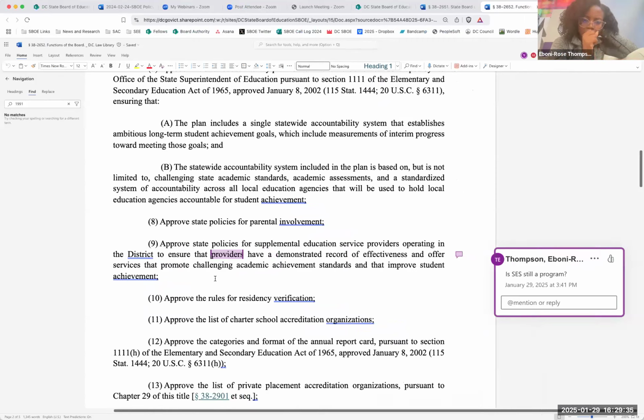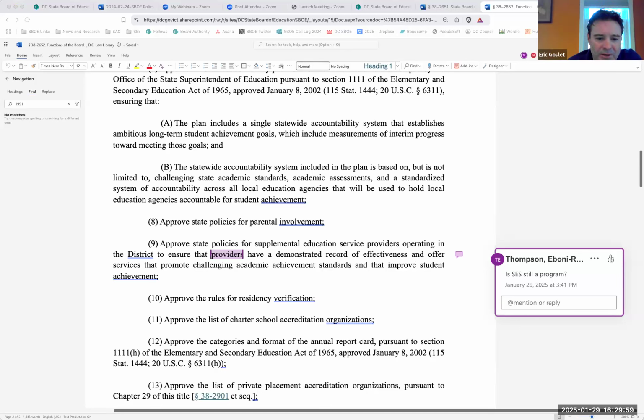And then there's also 11, which is approve the list of charter school accreditation organizations. Do we do that? I'm curious, since PCSB is the authorizer, if that's something we actually are doing, or if anybody's doing it. Because I don't ever remember us having a conversation around accreditation for charters.